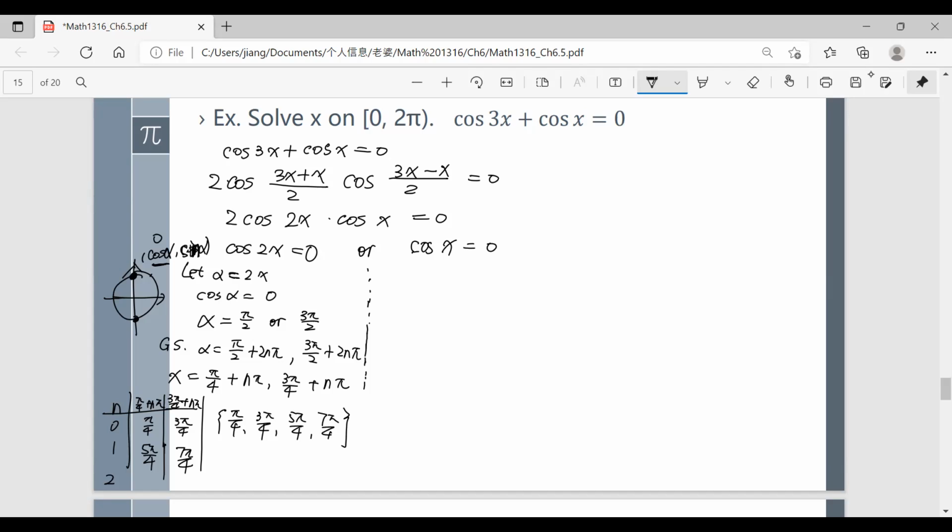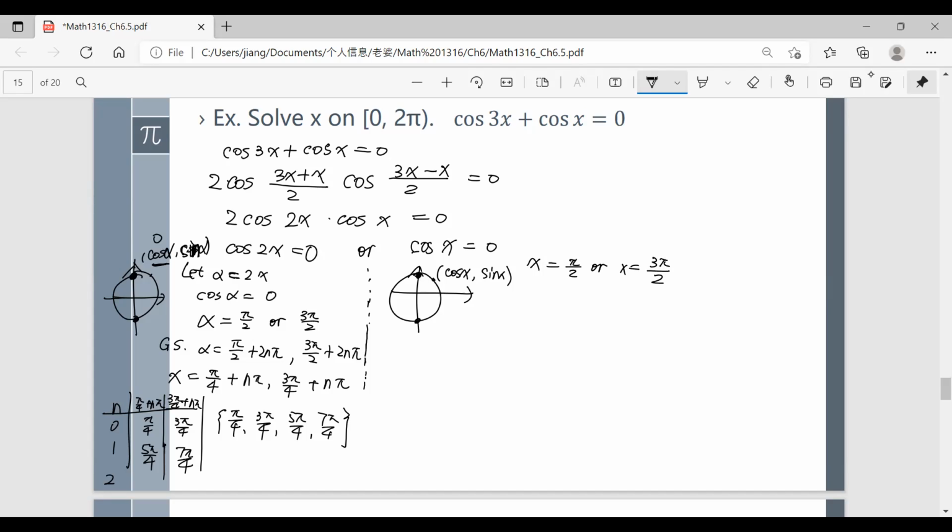For cosine x equals 0, every point on the unit circle is cosine x, sine x. So cosine x equals 0 means here and here. That means x equals pi over 2 or x equals 3 pi over 2.